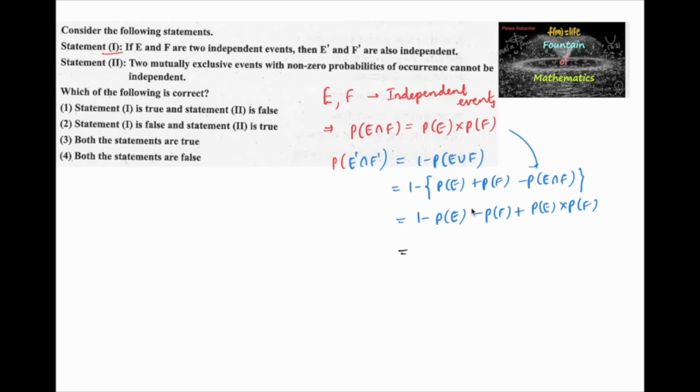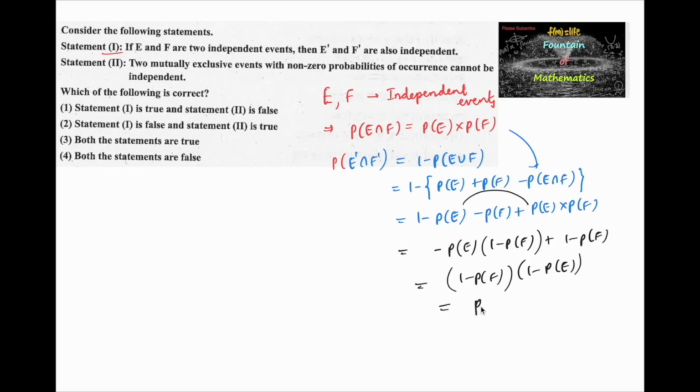So here we can take common: 1 minus P of F, and again plus 1 minus P of F. So 1 minus P of F into 1 minus P of E. 1 minus P of F is P of F dash, into P of E dash.